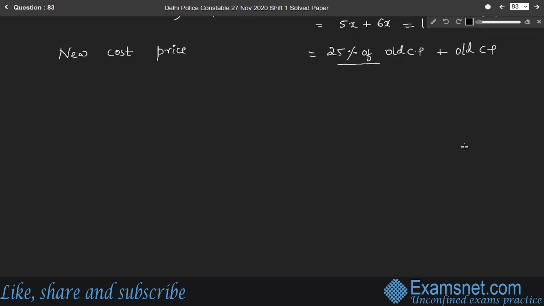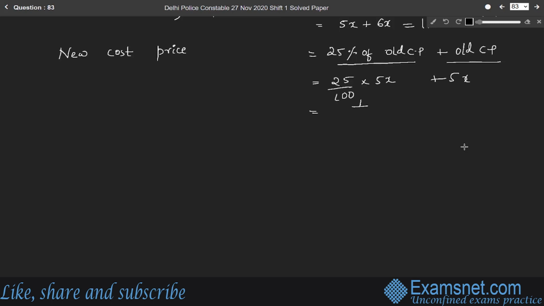So here the first part is the increased part of the cost price, 25% of the cost price, and the second part is the old cost price. What is 25% of the old cost price? 25 by 100 into the old cost price, which was 5x, plus 5x.